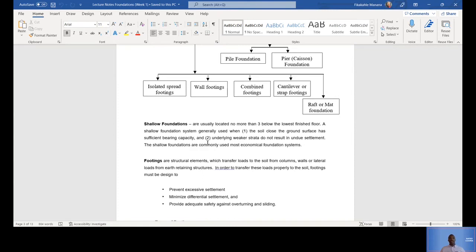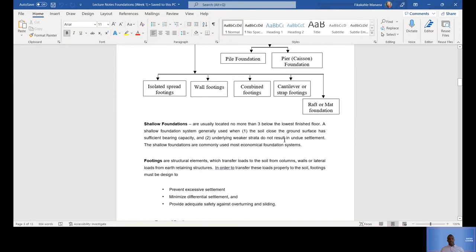Remember, foundation is taking the load from the building and it's taking it to the ground, it's taking it to the soil. So the soil needs to be able to carry the building. Okay, so if there's sufficient bearing capacity, if the soil can handle the building, then you do a shallow foundation. Okay, that's the part you need to understand.